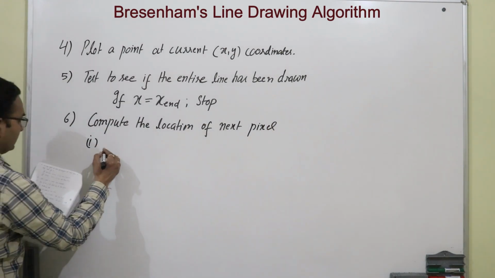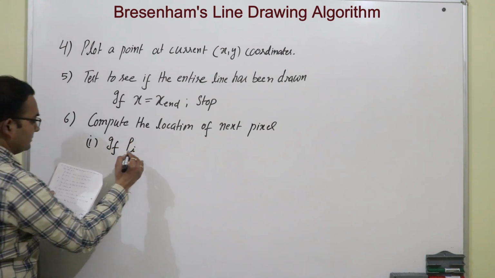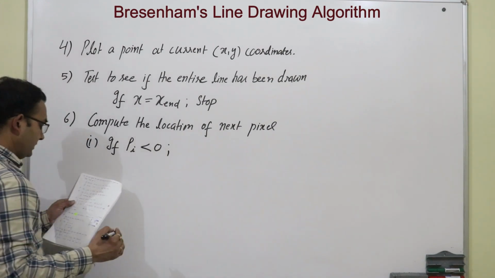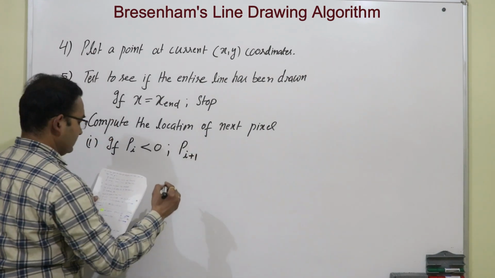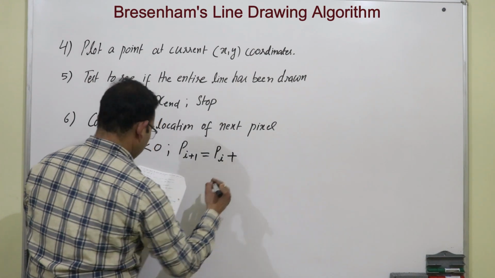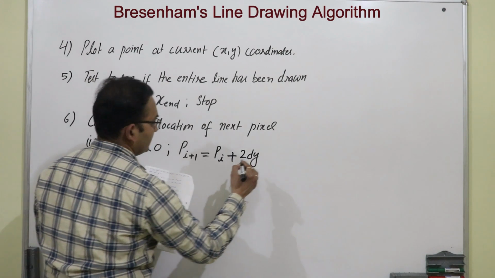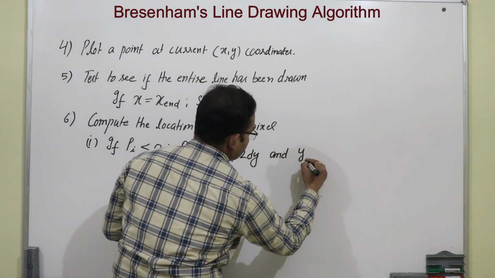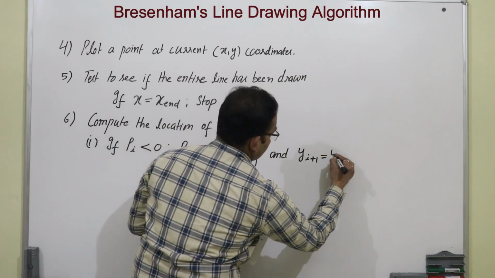First, if pi less than 0, then pi plus 1 equal to pi plus 2 dy, and yi plus 1 equal to yi.